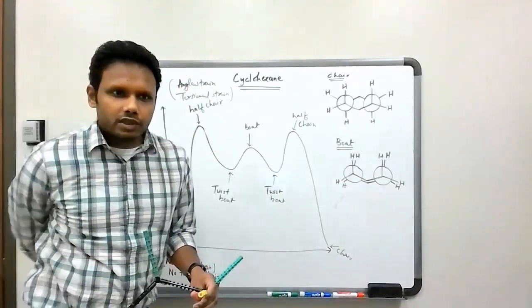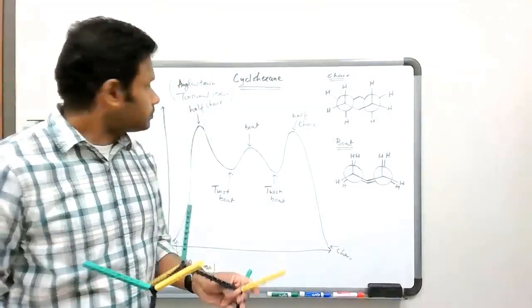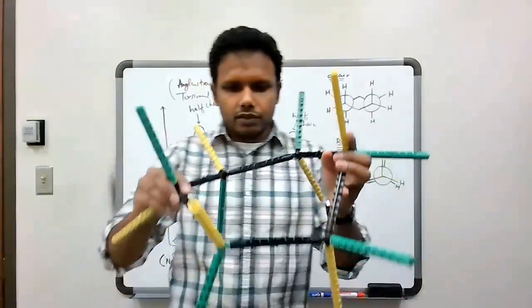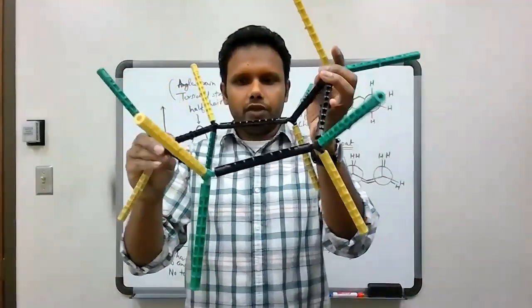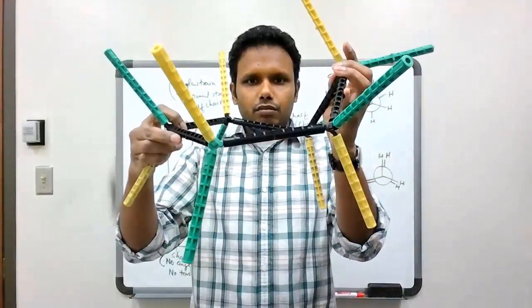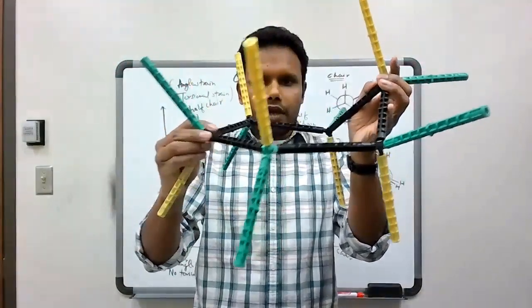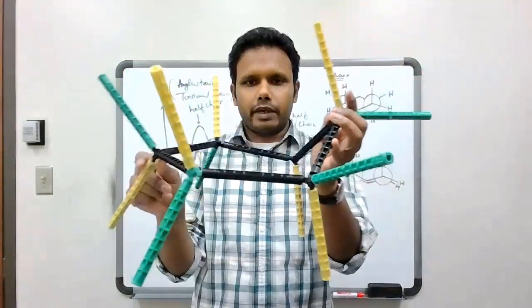So whenever you see torsional, that is associated with the eclipsing interactions. So we are at the half chair conformation now, where we have a headrest, but then we have a flat portion of the molecule. The half chair, we said, has an angle strain and it has eclipsing interactions.